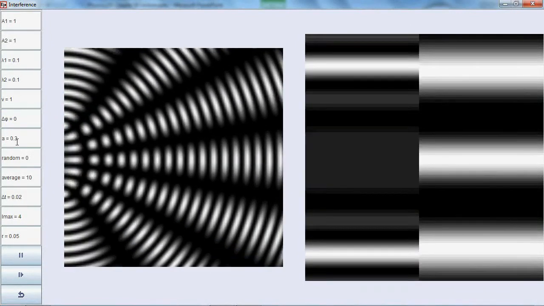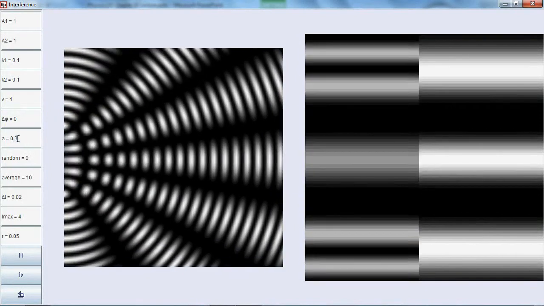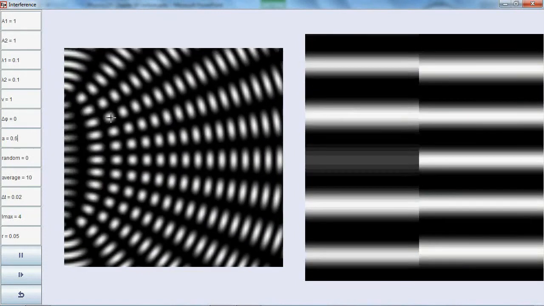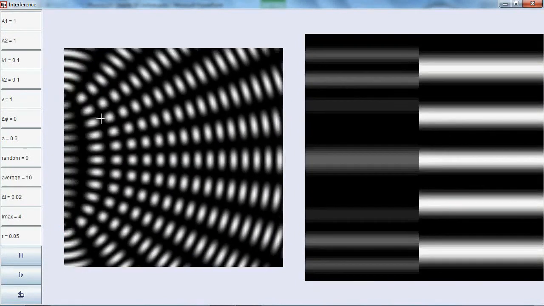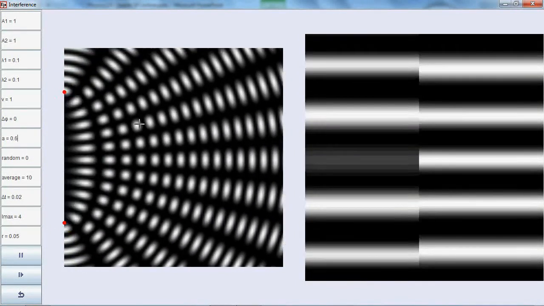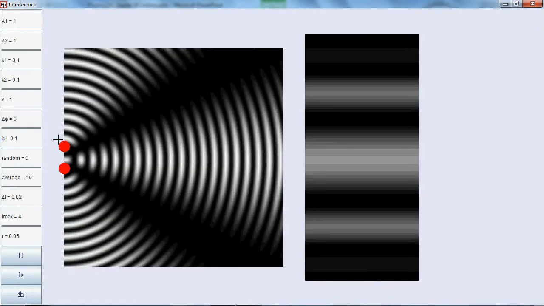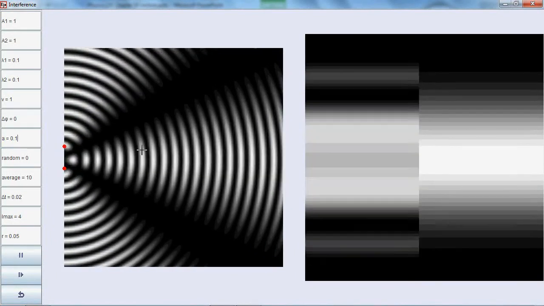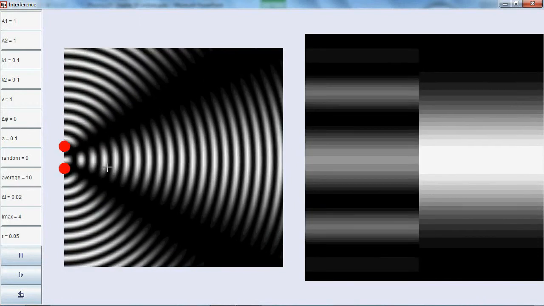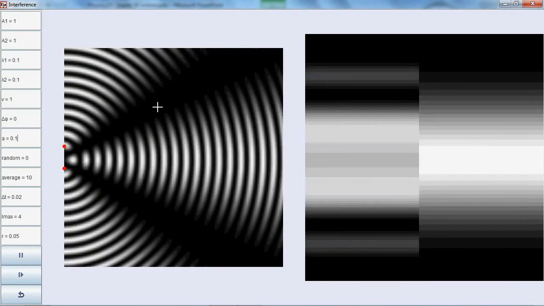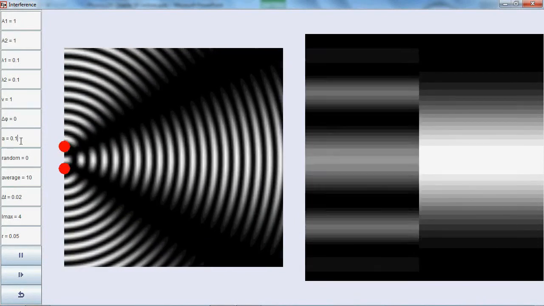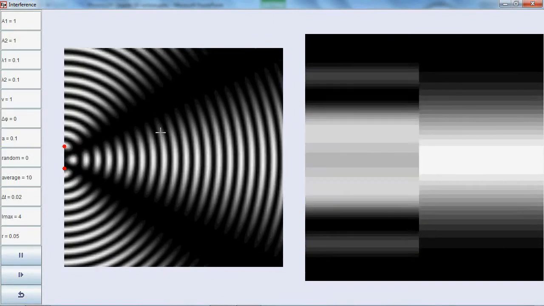Now we can separate our sources, and it's just going to add more areas of constructive and destructive interference by separating them. If we put them very close, notice that my amount of destructive interference is larger, but less number of them.